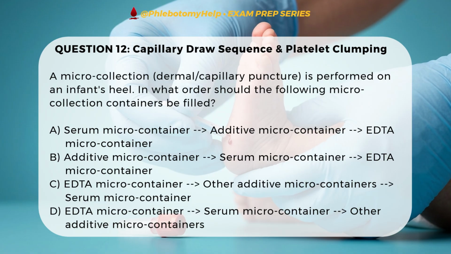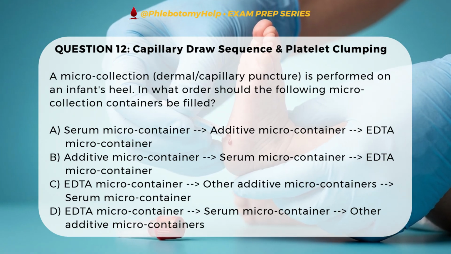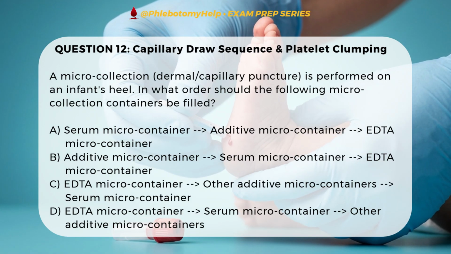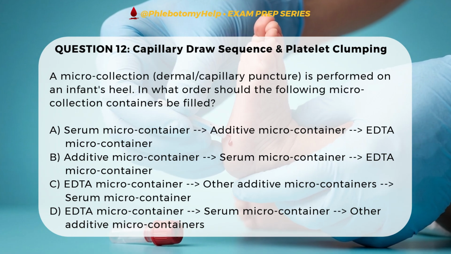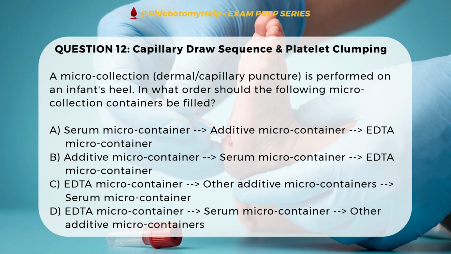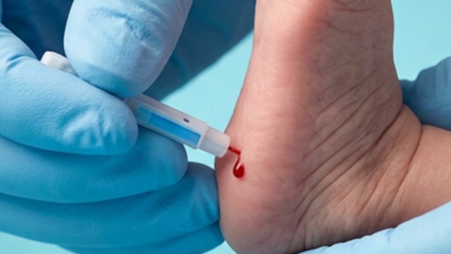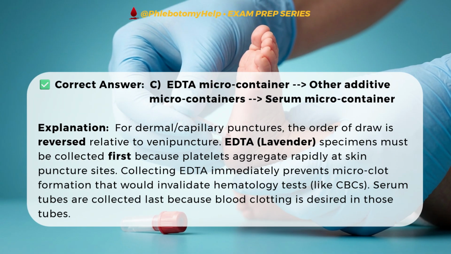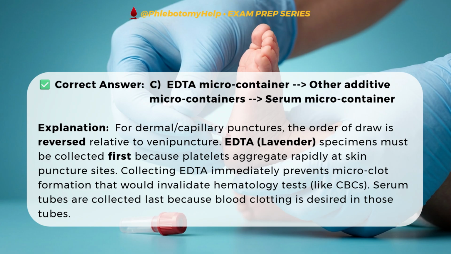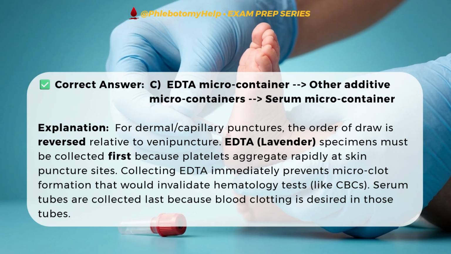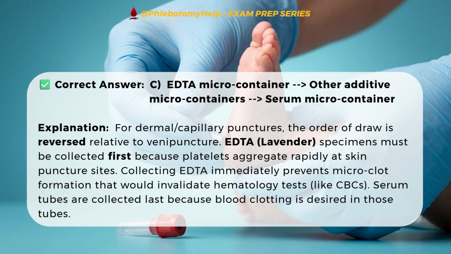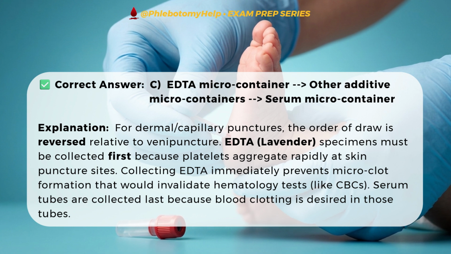Question 12. A microcollection is performed on an infant's heel. In what order should the following microcollection containers be filled? The correct answer is C. EDTA microcontainer, other additive microcontainers, serum microcontainer.